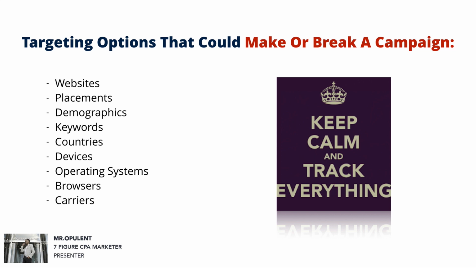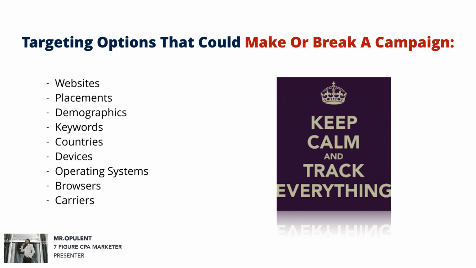Devices, okay, so for example, tablet might convert differently to iPhone or mobile, okay, and mobile might convert differently to desktop. You might find that maybe tablet might be profitable for you, desktop might be profitable for you, but maybe mobile might not be. Okay, so devices can be a very, very big thing. Operating systems.